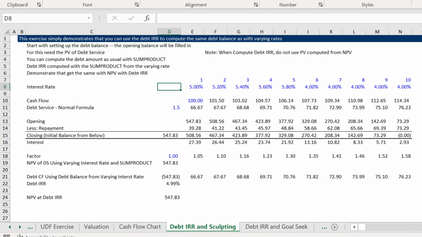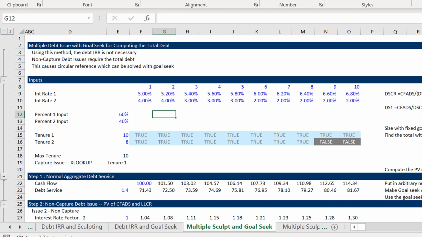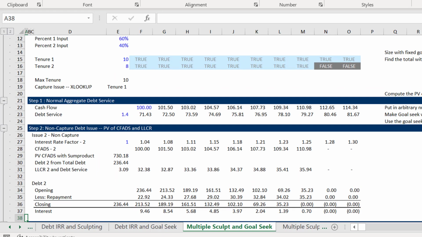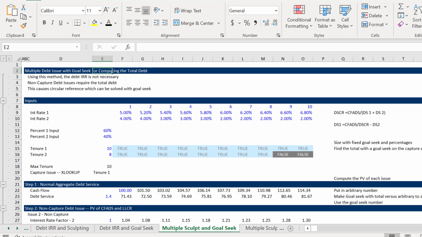You notice on these pages I only have one debt issue. And then I'm going to move to the multiple debt issues and demonstrate, I've got a little X lookup here, and demonstrate with two different debt issues how to resolve this issue where one of the debt issues has a different tenure than the other debt issue.